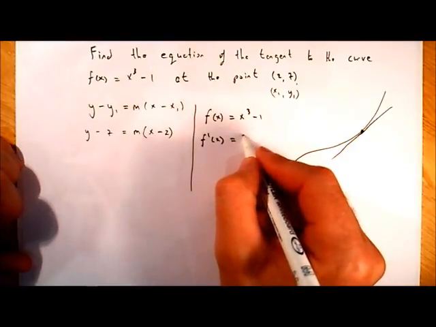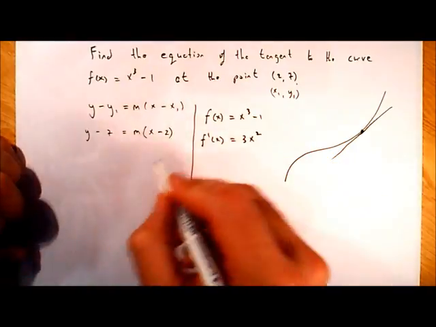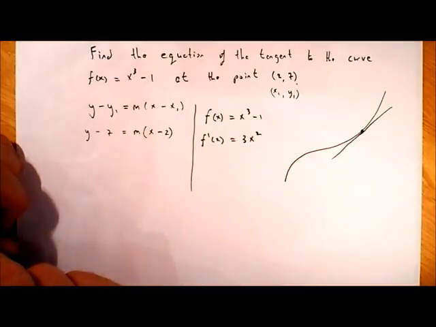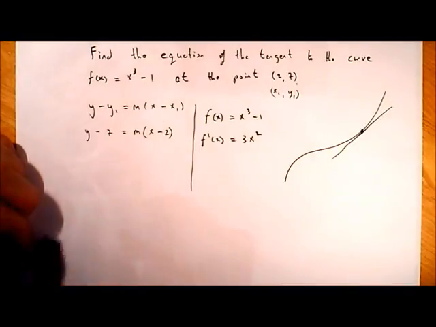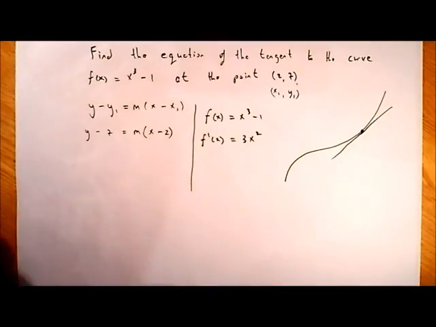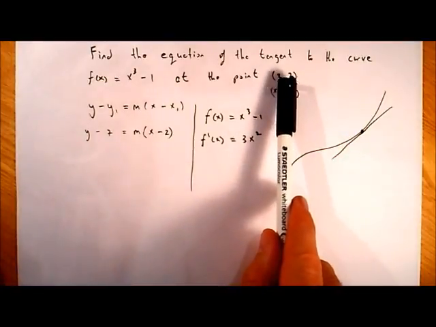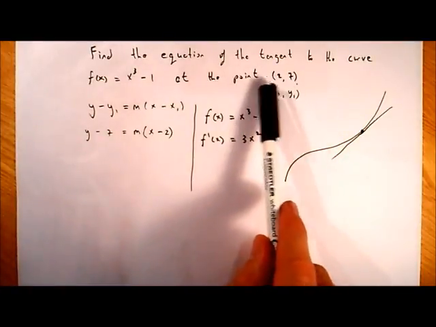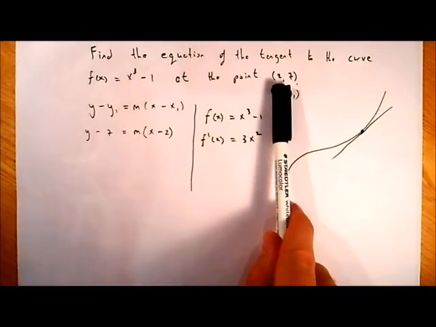Differentiate x cubed, and I get 3x squared. Differentiate minus 1, and I get 0 because minus 1 is a constant. So the slope of the curve at any value of x is 3x squared, and the slope of the tangent is that also. We want the slope of the tangent at the point 2, 7, so when the value of x is 2.